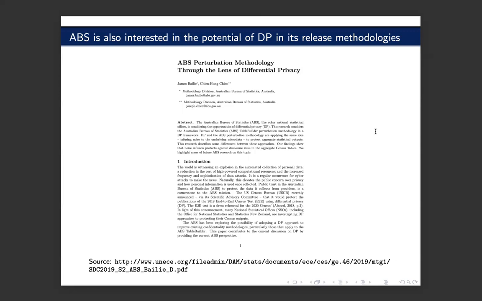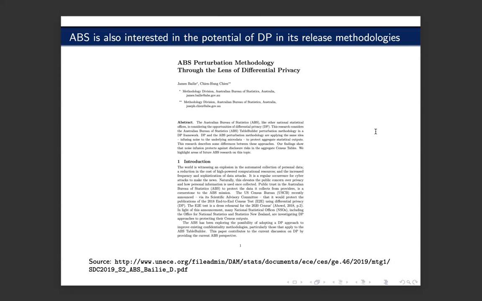The same query results in the same count, so they have a sticky type of noise that they add to the data, but they are interested in understanding their methodology from the lens of differential privacy, kind of what differential privacy levels they are able to provide with their perturbation method.